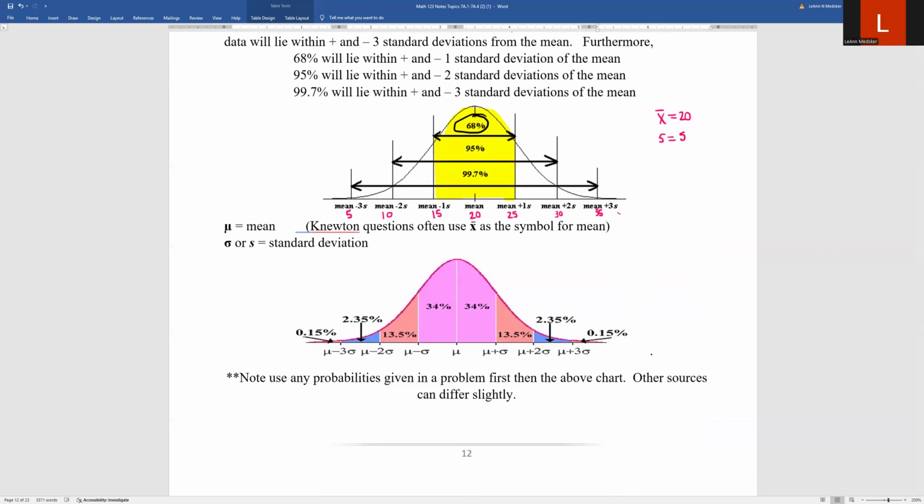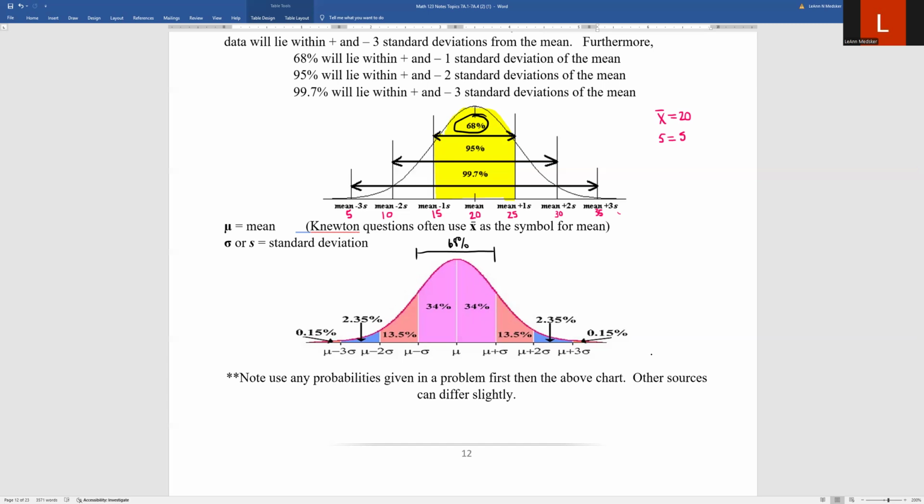This is not something I made up. I created this from the information up here. Because there's symmetry, remember this to this is supposed to equal 68. That's what the rule said, from 1 below to 1 above. And this time they're using mu as the population mean, and the little sigma was the standard deviation. So again, those are interchangeable depending on if it's the population or the sample, okay?